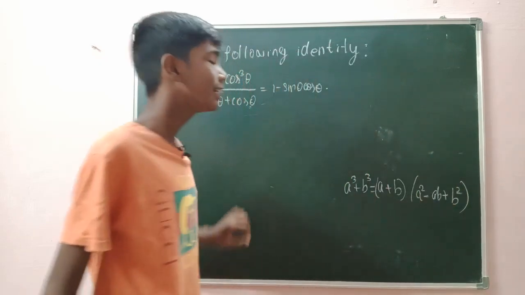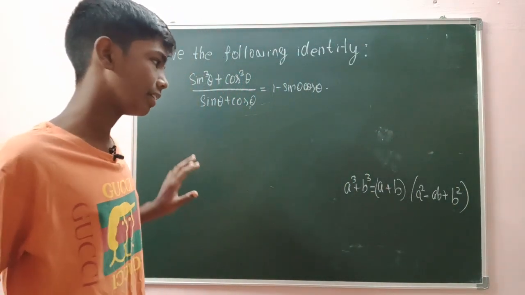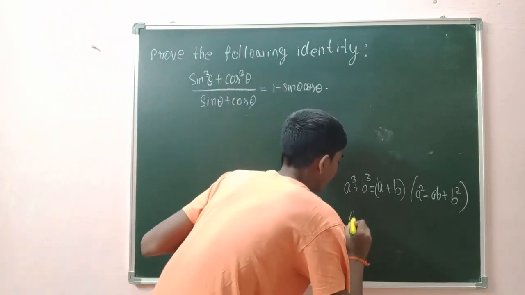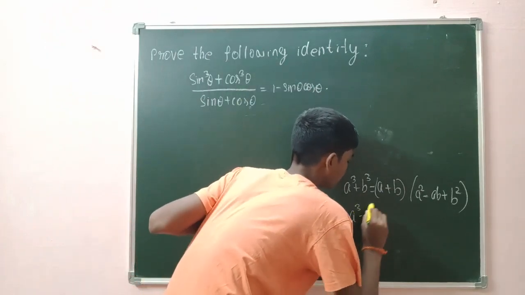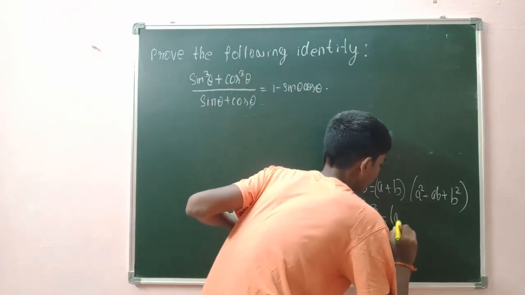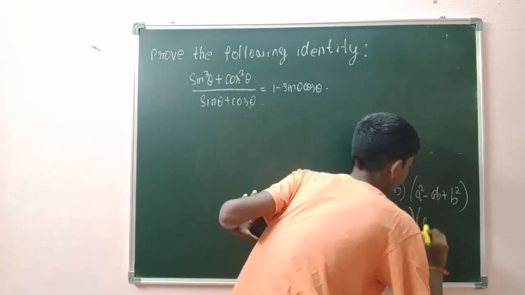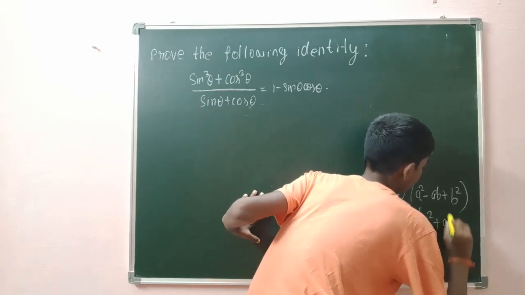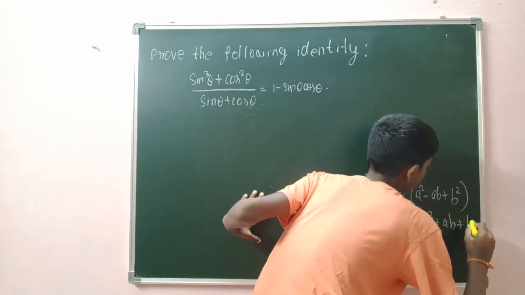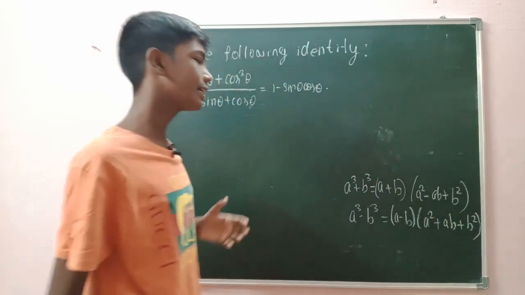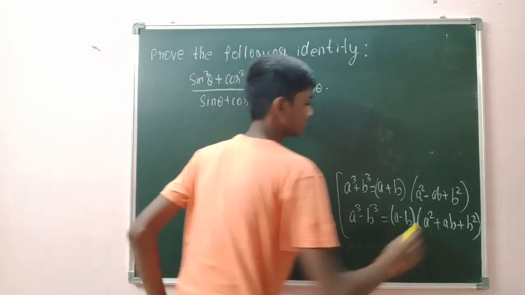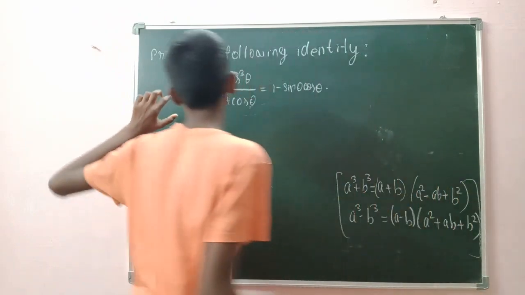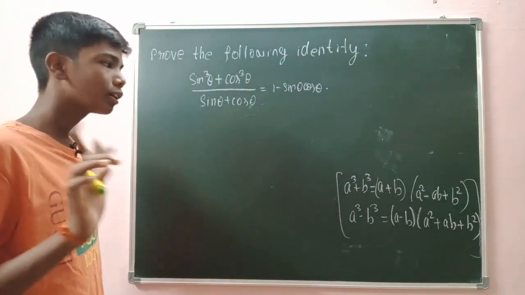This is the identity that you guys are already familiar with. And same like that, we have a cube minus b cube, that is nothing but a minus b into a square plus ab plus b square. Correct or not? So these two identities you are already studying in your class 9th. So just use this on your numerator and then the question is done.